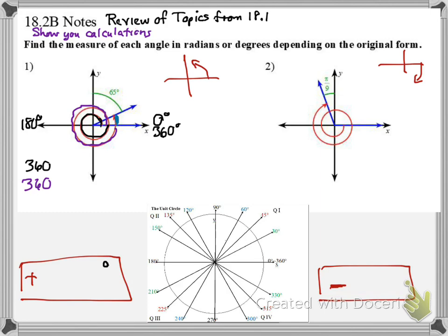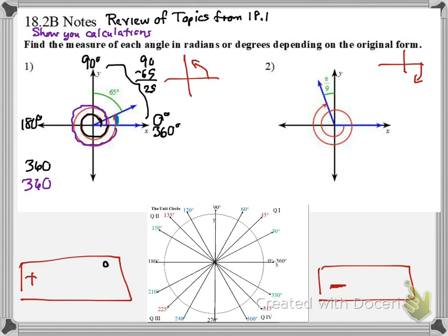And I didn't label the top line, but half of 180 is 90. So this is a 90-degree section. They told me about the 65, but I don't want the 65. I want the other part of it. So 90 minus 65 should be 25 degrees.